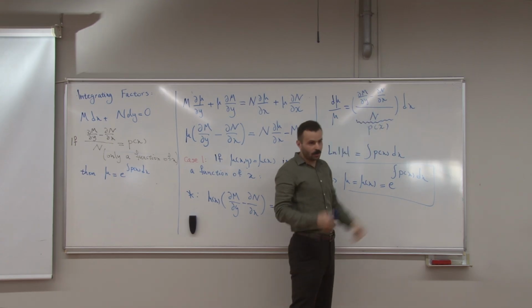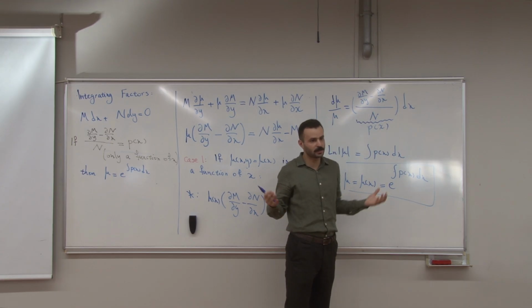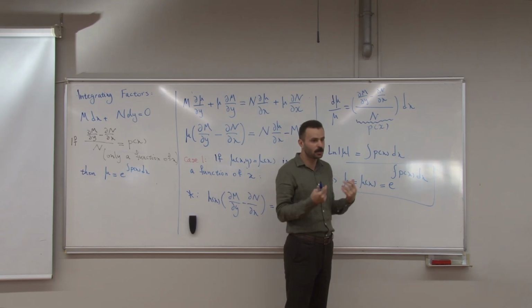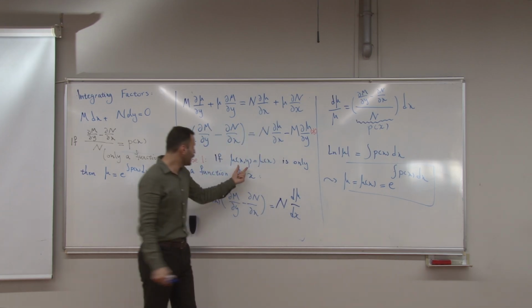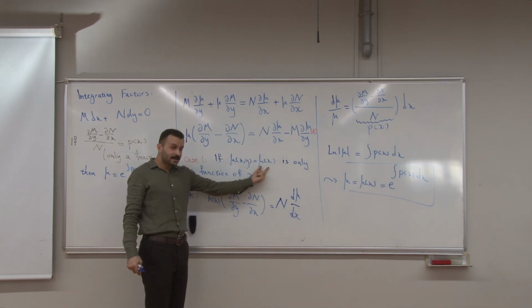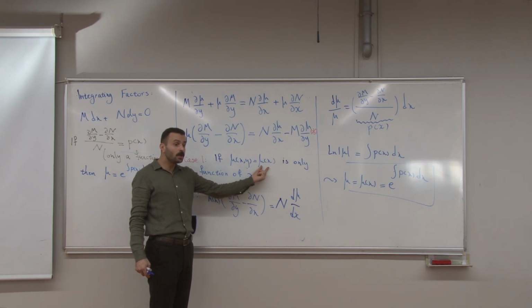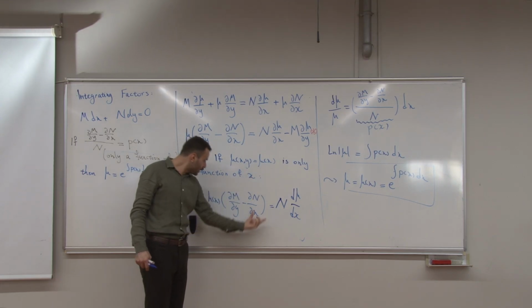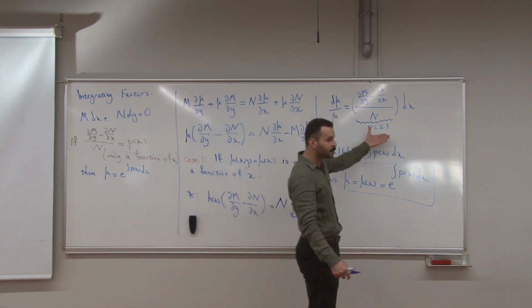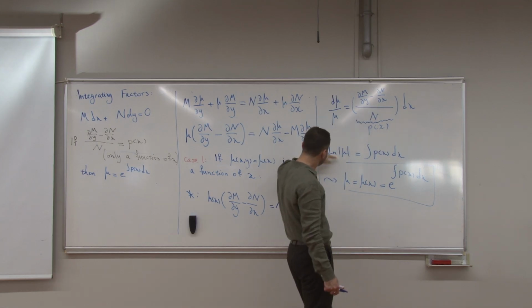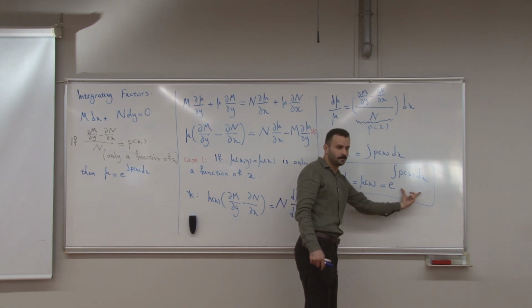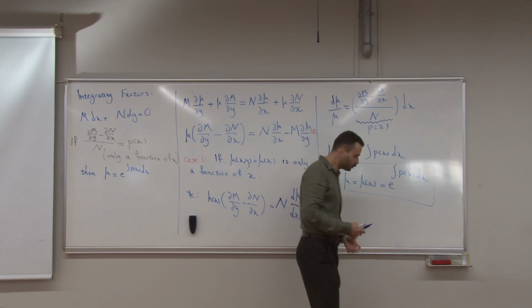M and N are functions of x and y, possibly, so I can talk about their partial derivatives with respect to x and y. But my assumption here is that this integrating factor is going to be only a function of x. With this assumption, I can write this as this. And it means that if this is only a function of x, I can calculate mu as this.